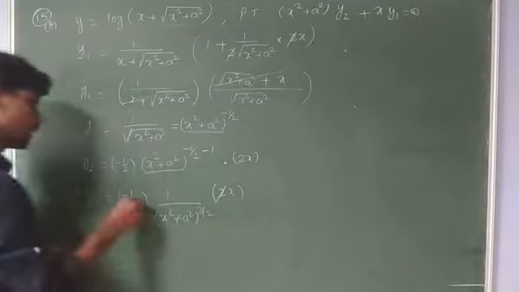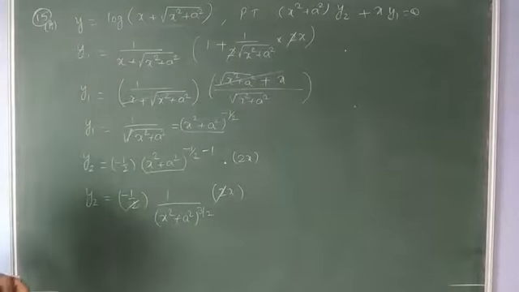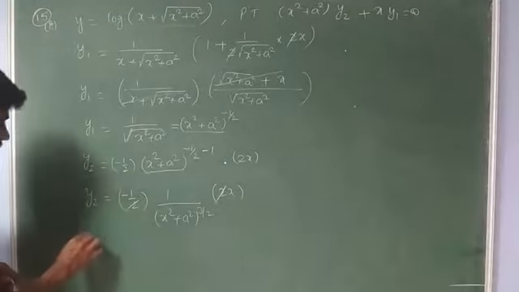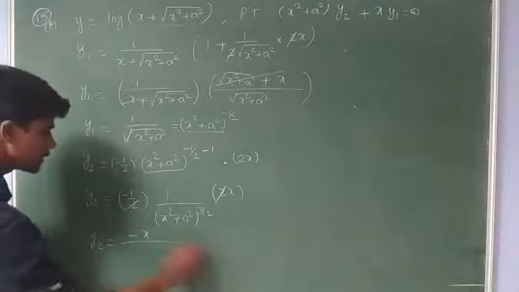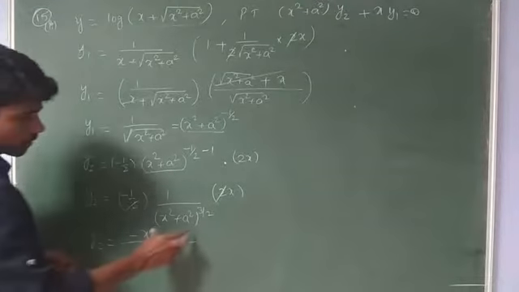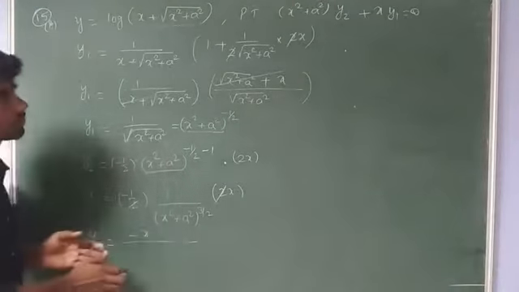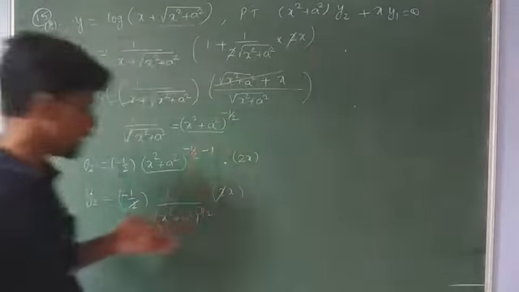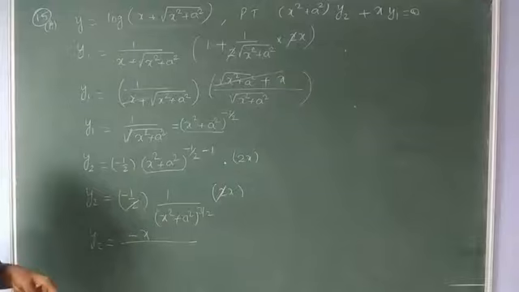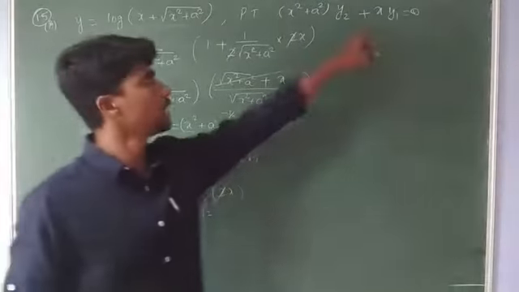So 2 and this 2 will get cancelled. Now what we get? y2 is equal to minus x divided by that. So I got some answer, but it's not like what they asked us to prove. So from here I have to go for the conversion, like what we want our answer.